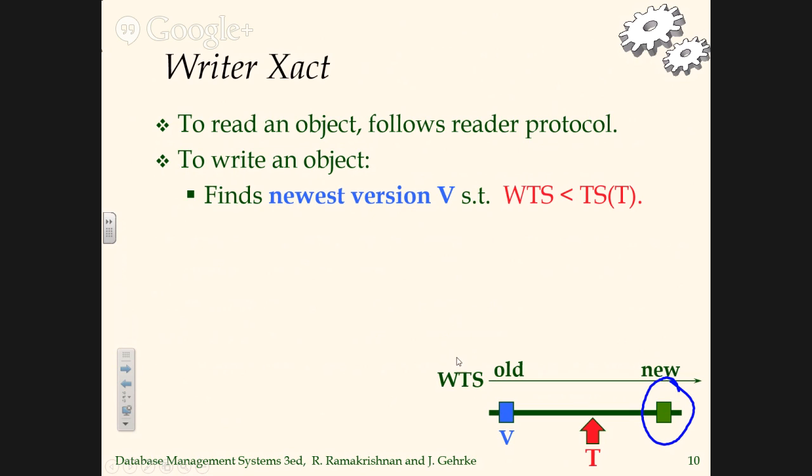Because this write timestamp is greater than your timestamp, it's a transaction that started after you. And if that transaction starts after you, it will simply overwrite your value, and this is fine. You will have a write here that will exist for some time, and then it will get lost, and that's okay. This is basically the same Thomas Write Rule that we had before.